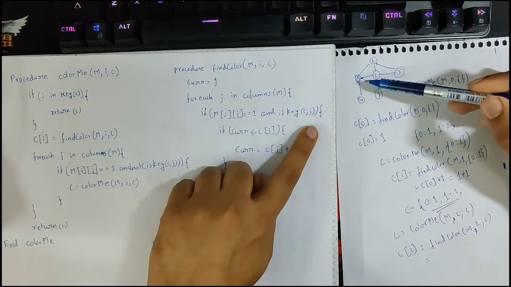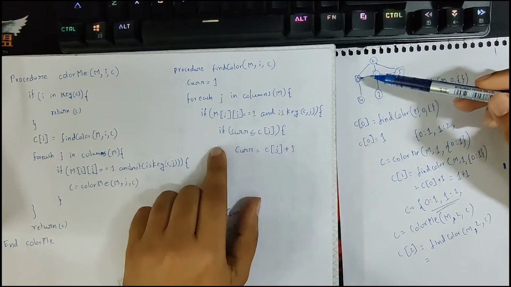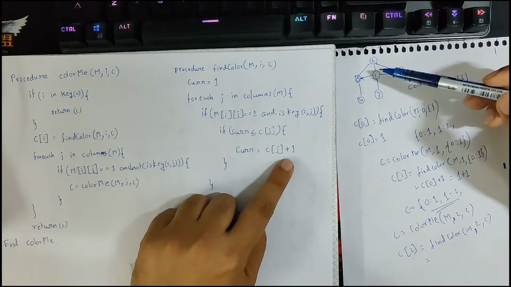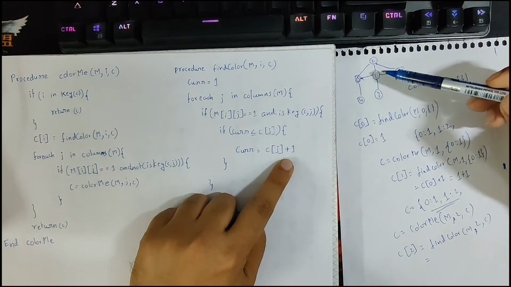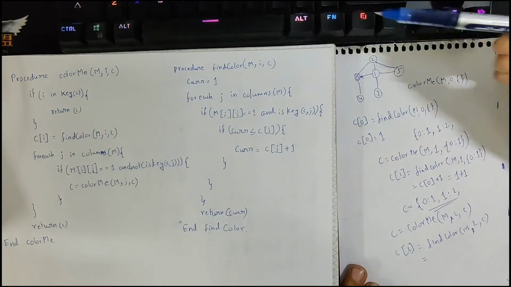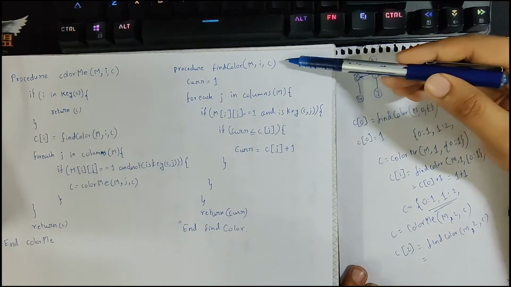So first 0 is a key, so current value will be c of 0 plus 1. So find color of m comma 2 comma c. C currently has two elements.